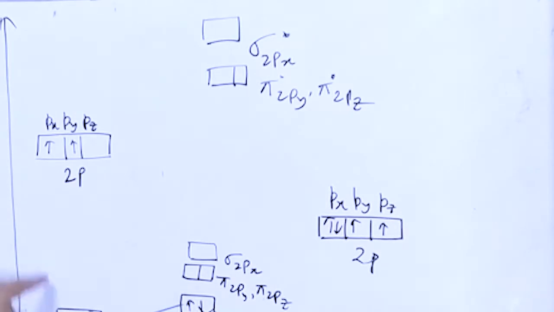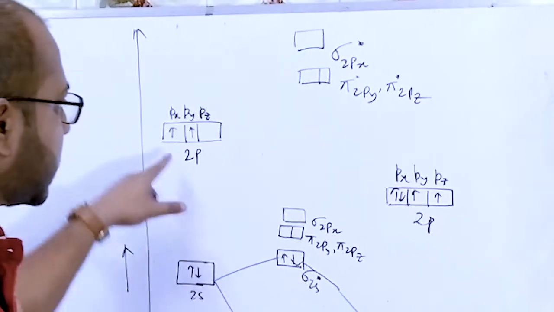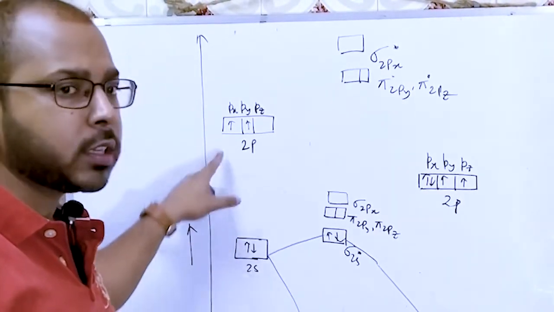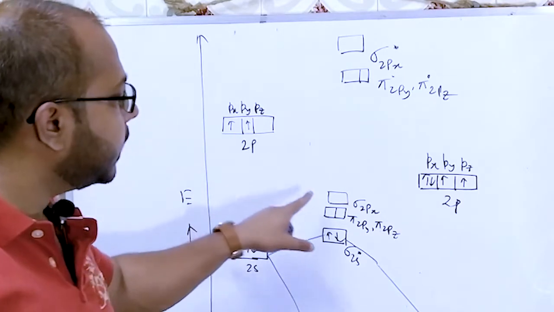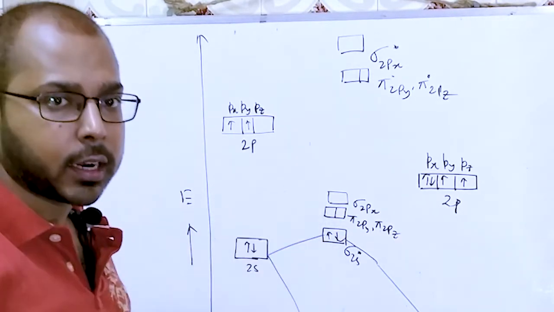Because of sp mixing again, like nitrogen, which I have discussed in the video of homonuclear diatomic molecules, the sigma energy will slightly be higher.